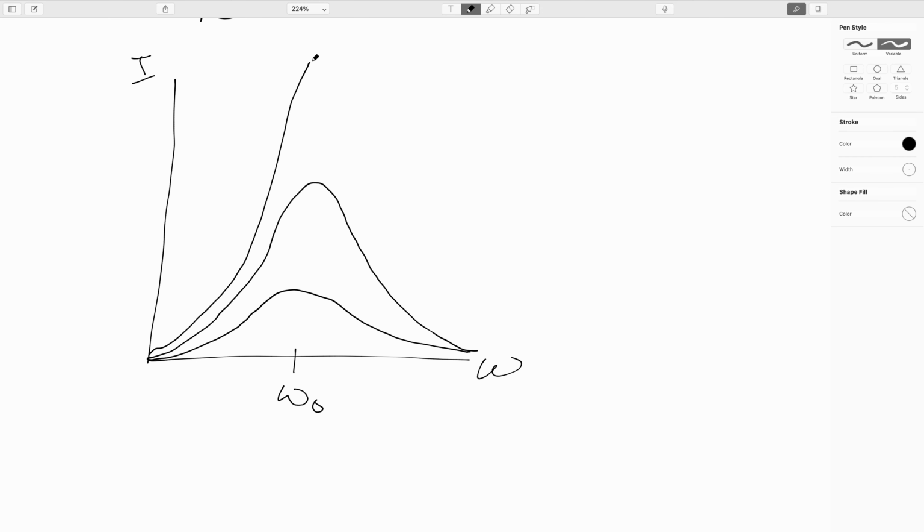With the higher quality factors relating to lower resistances. So say that this is a low resistance and that's a high resistance, and then the one I drew in between is somewhere in between.